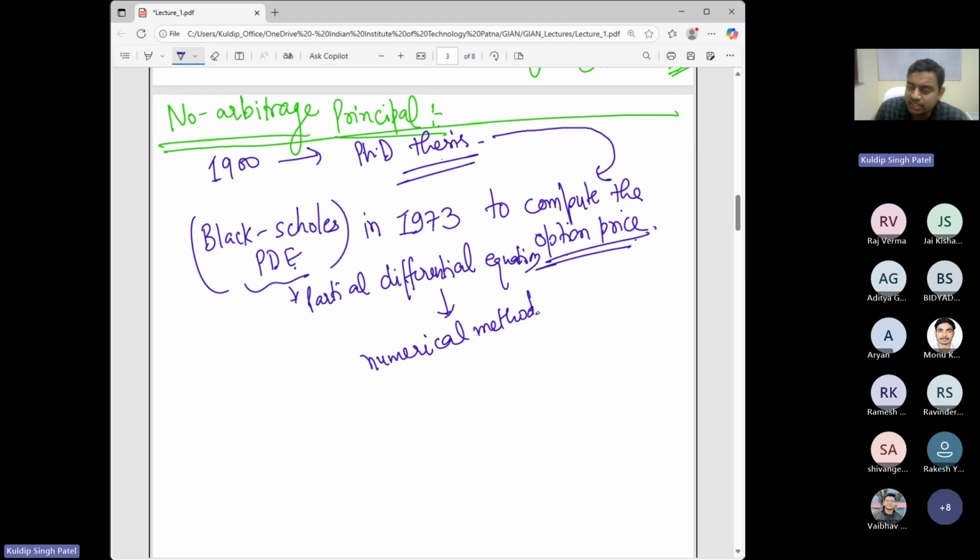And that's what your first lecture is: why do we need numerical methods for option pricing? Because there are partial differential equations, partial integro-differential equations, many equations which do not have an analytical solution, and that's why numerical methods are needed for option pricing problems.